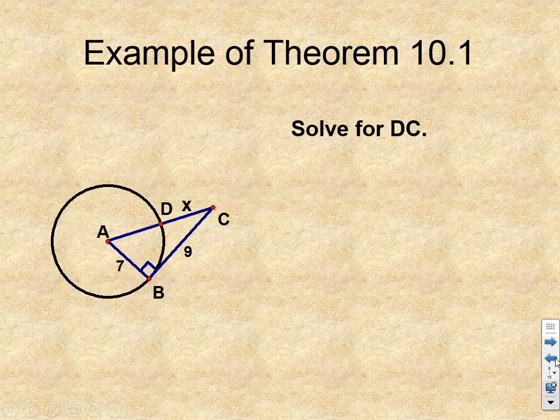So I'm going to take a second and go back to this example. Okay, so if I'm looking at this, I'm thinking that I know AB is my radius, and actually AD is also a radius as well. So I'm going to label that as 7 because those will be congruent.